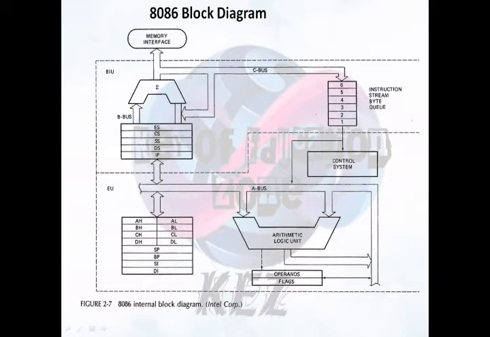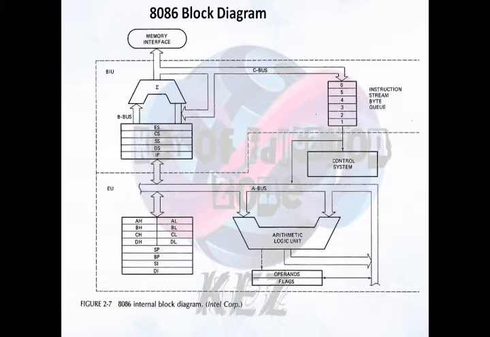See, here we have several registers. Now one thing we have to know is that Intel 8086 is a 16-bit microprocessor. It has 16-bit data bus and 20-bit address bus.